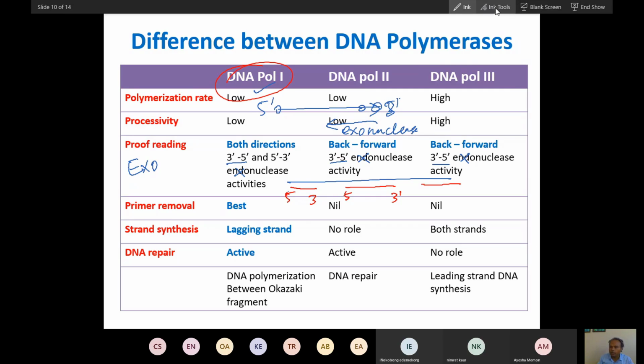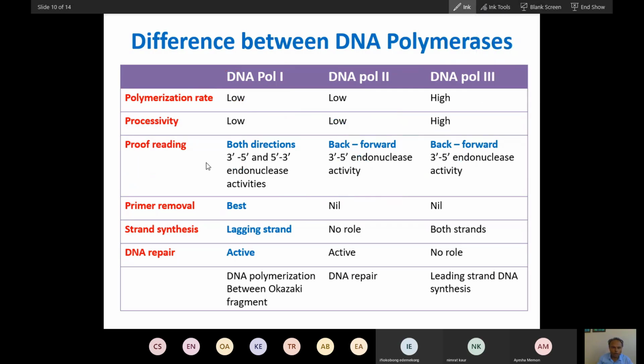So these are the types of DNA polymerases: DNA polymerase 1, DNA polymerase 3, and DNA polymerase 2. Just remember that DNA polymerase 2 is a bit similar to DNA polymerase 1, but it has only one type of exonuclease activity, only the backward to forward.